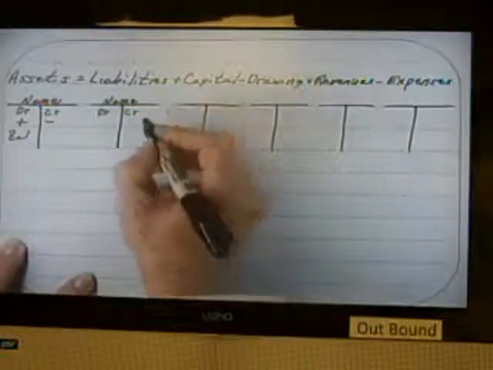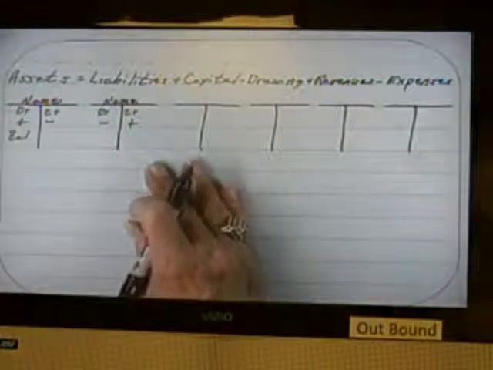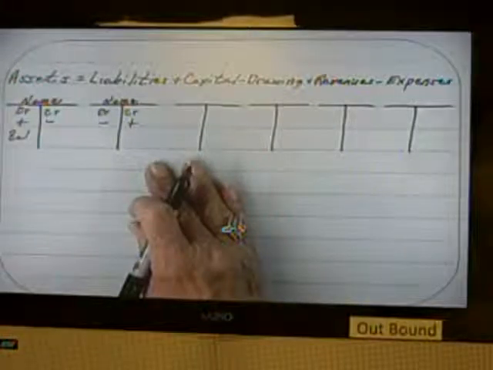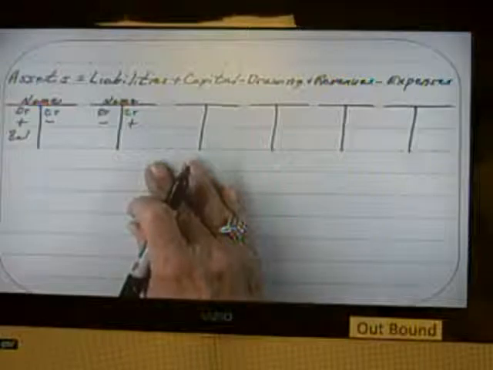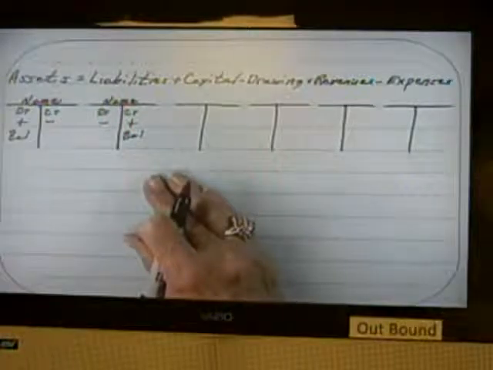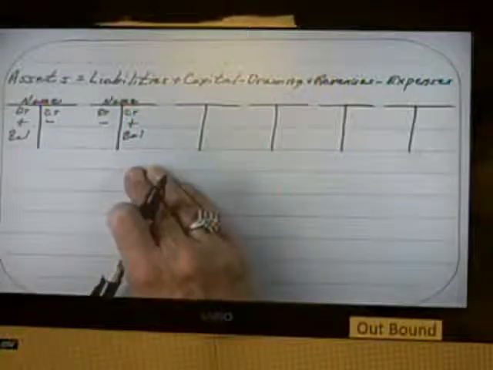But liabilities increase on the credit side and decrease on the debit side. And if the balance side of an account is its increased side, then liabilities should have a credit balance. So if we had a lot of transactions, a lot of debits and a lot of credits in a liability account, it should end up with a credit balance.